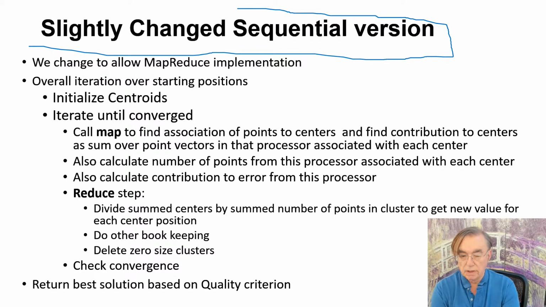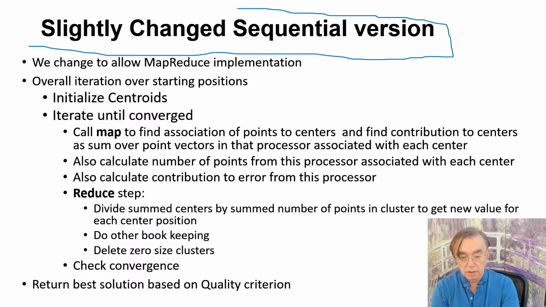And if we're doing some non-trivial method of stopping the K-means when the change reaches a certain value, well, we have to calculate the contribution to change from the points.